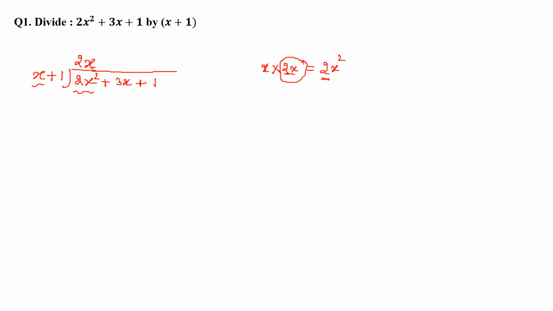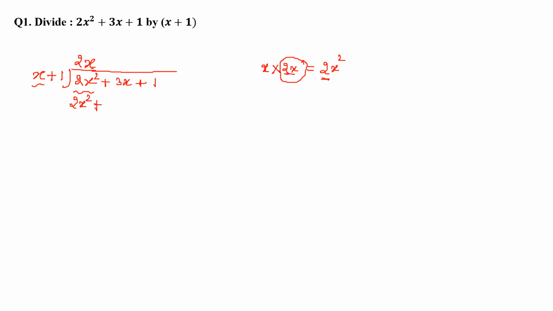Now the third step says to multiply all the terms of the divisor by the first term of the quotient. Now I have to multiply x plus 1 completely with 2x. After multiplying, what I will get: x into 2x is 2x square, plus 1 into 2x is 2x.